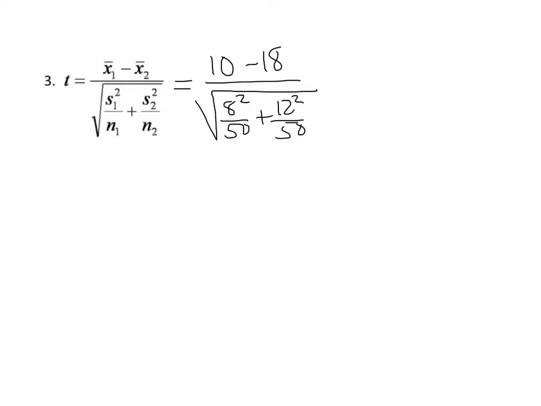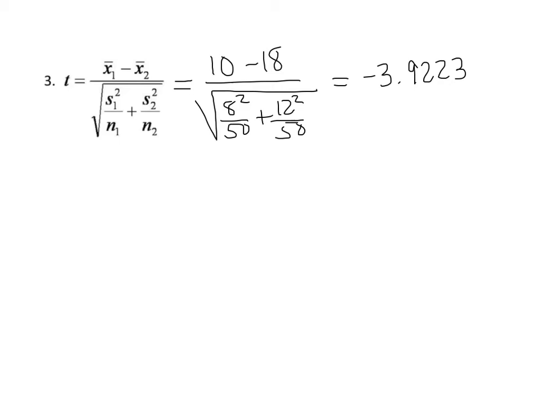That's going to generate my t-test statistic. When you plug that in your calculator and do the math out, you get a negative 3.9223. That's a pretty large t-value in terms of distance from 0, so that may lead us to already start believing that we have some significant results here.